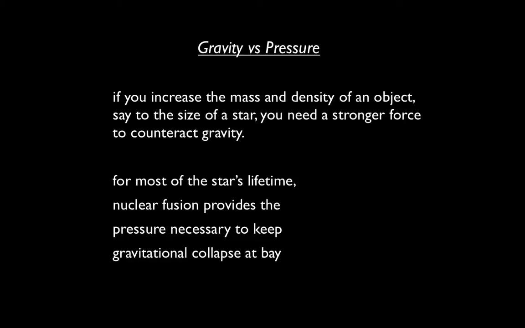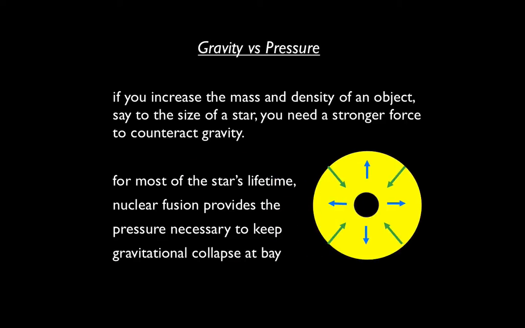But once you increase the mass and density of the object, say to the size of a star, you're going to need a stronger force to counteract gravity. For most of the star's lifetime, nuclear fusion provides the pressure necessary to keep gravitational collapse at bay.